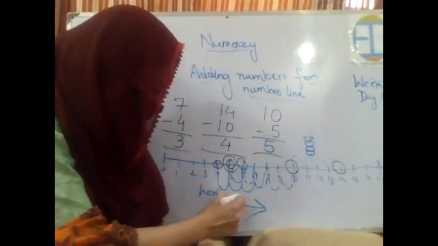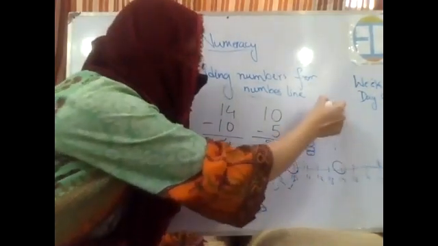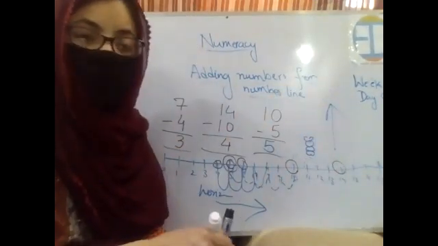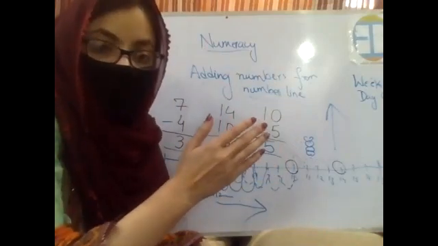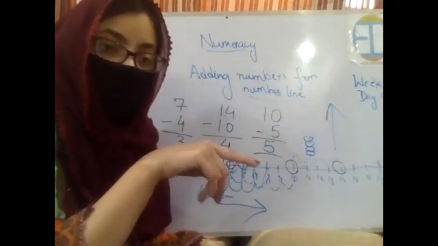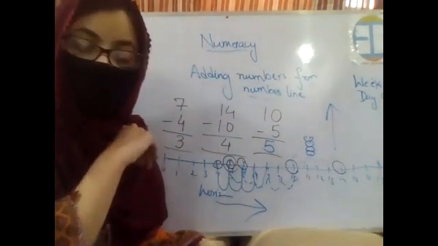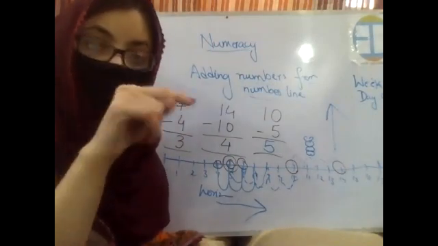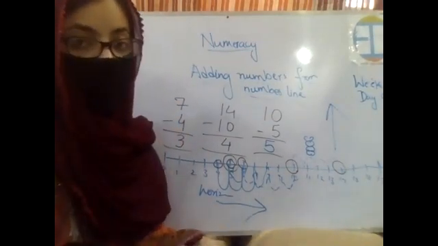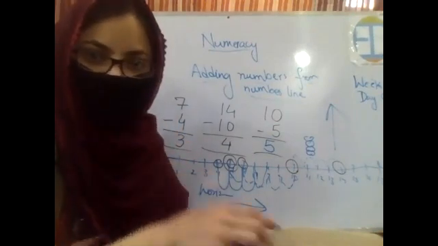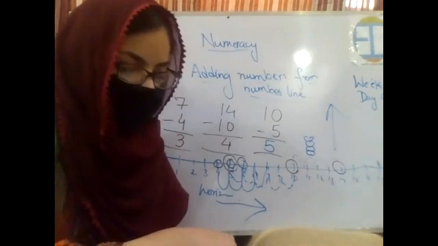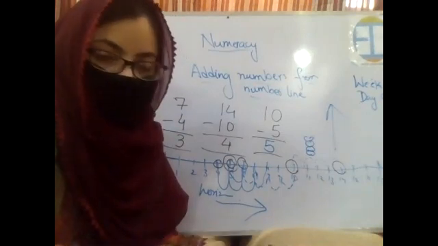This is horizontal order and this one is vertical, right? If you want to draw in vertical order, you will draw it on the very right hand side of your notebook, on the right corner. And if you want to draw it horizontally, you can draw it at the bottom of your page. Got it? So hurry up, make a number line, and then we will start practicing subtraction. Do it and let me know when you are done.